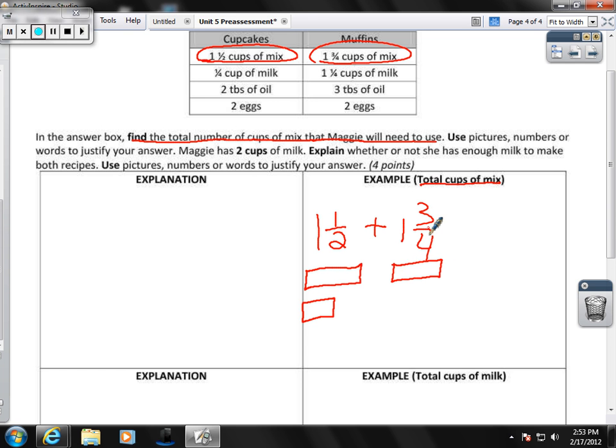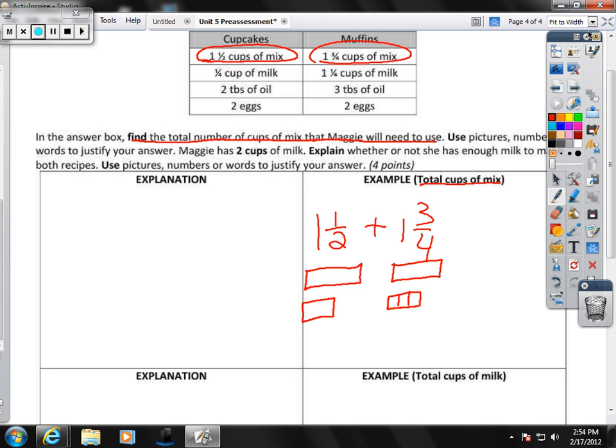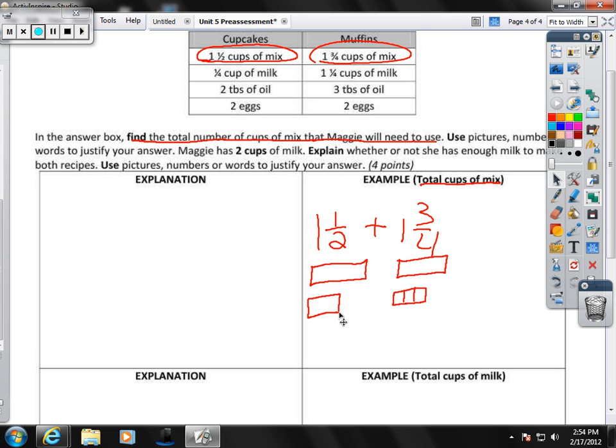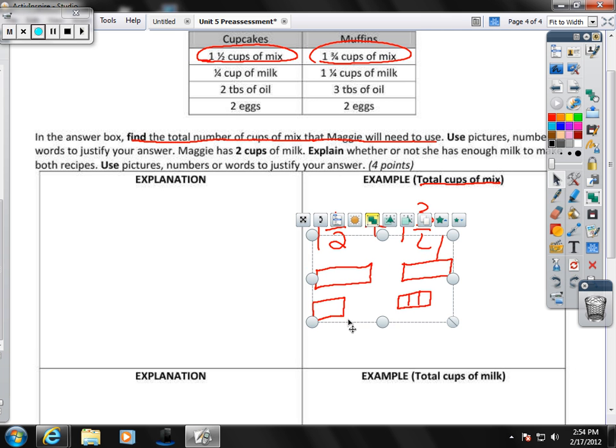And now I need to do one that is in fourths. So it might look something like this, where this is 1/4, 2/4, 3/4, and 4/4 would go over here. So now we can take this fraction. If we're adding these together, I want to grab the right thing.